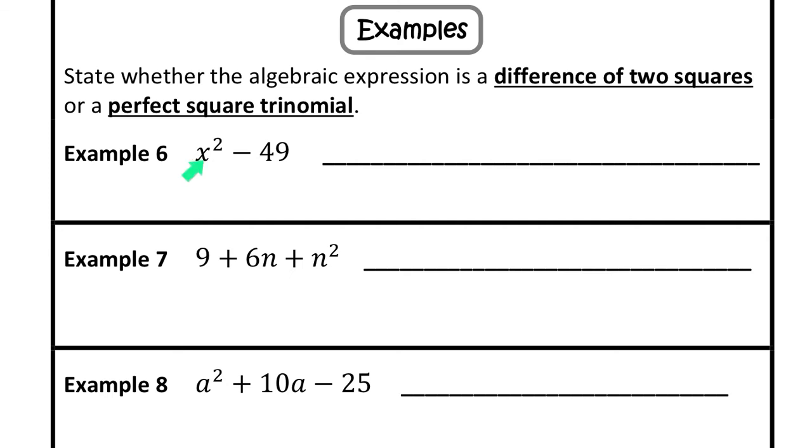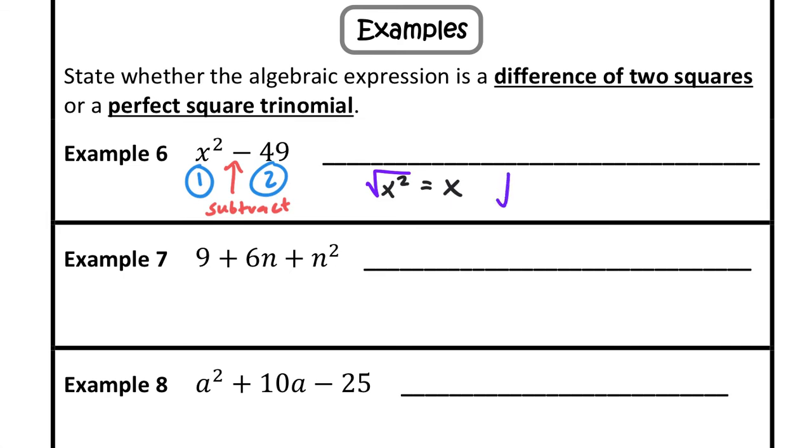Let's look at example 6. How many terms do we have? It has 1 term, 2 terms. Is there subtraction going on? Yeah, there's subtraction. And is x squared a perfect square? Can I take the square root of x squared? Yeah, it should give me x.